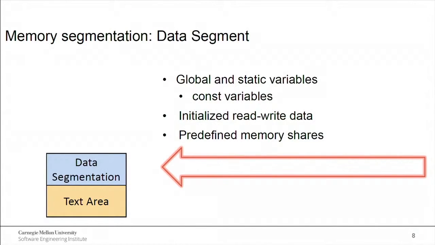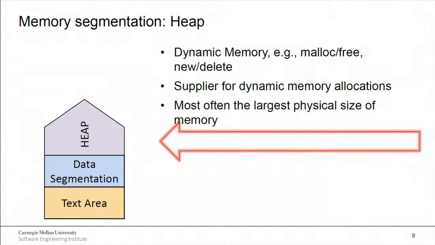So the data segment. This is going to contain a lot of my global variables, a lot of my statics, a lot of my constants. If I have predefined memory shares, I'll find that in this particular area of memory. The heap is obviously the largest portion of memory that I fly on board. The heap is where a lot of the dynamic allocation occurs. It's this large portion of memory that I actually build the stacks from.